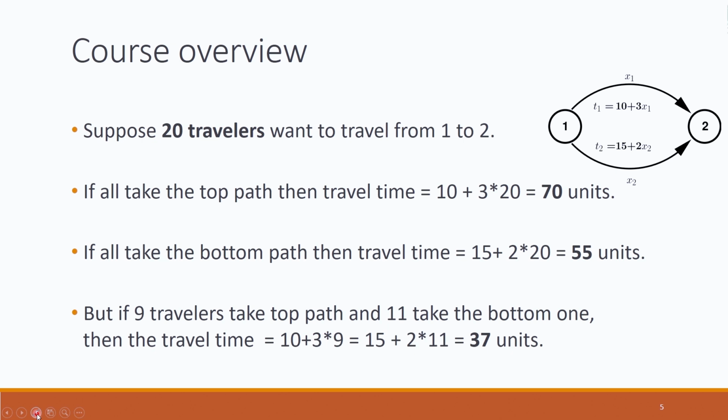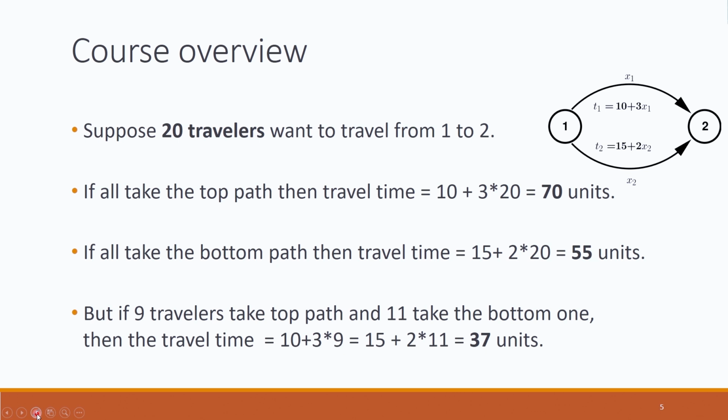Now let us consider a situation where 9 travelers take the top path and 11 travelers take the bottom one. So in that case, the travel time that is experienced by both the types of travelers is equal to 37 units, because the travelers which will be traveling on the top path, they will be getting this travel time of 10 plus 3 times 9, and the travelers which will be taking the bottom path, they will be experiencing the travel time of 15 plus 2 times 11.